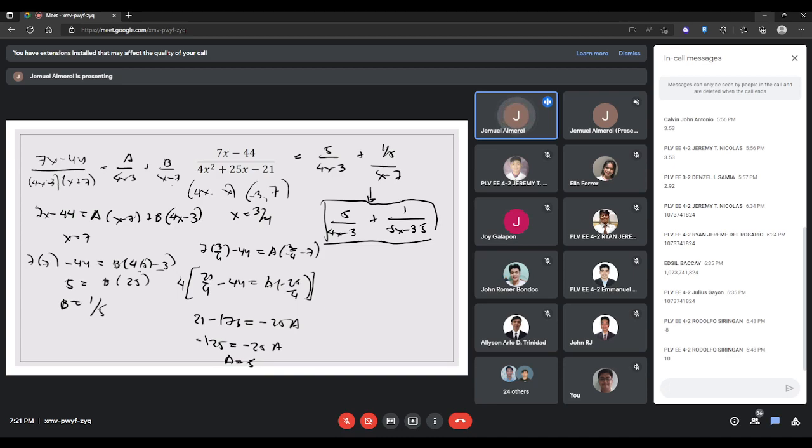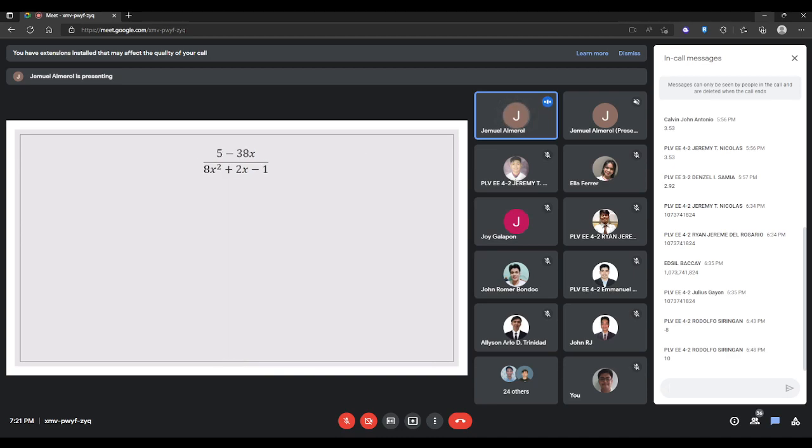Okay, next. Ano ba ito? Dami naman. Okay, 5 minus 38x. So, ano kayong factors nito? Negative 1 to 4. Dapat 4, 4x, 2x. Tapos dito, positive 1, dito negative 1. Tama? Ang factors niya, 4x minus 1 times 2x plus 1.